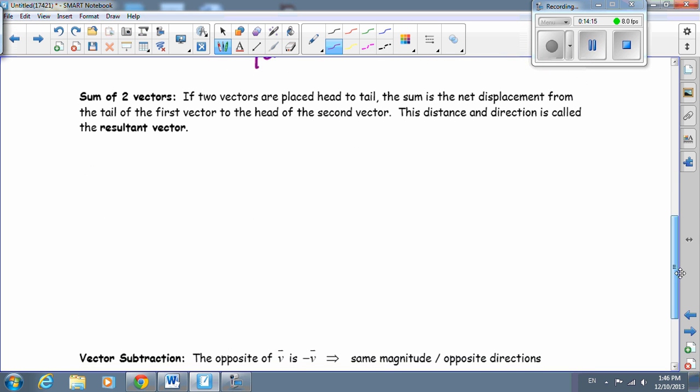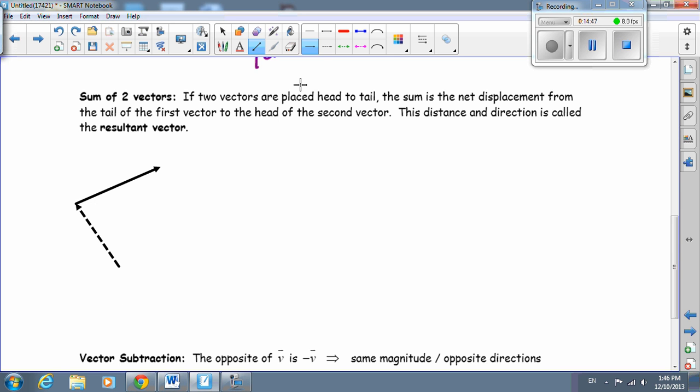Let's go ahead and move on. Sum of two vectors. If two vectors are placed head to tail, the sum is the net displacement from the tail of the first vector to the head of the second. What do we mean by that? Let's say I'm adding two vectors, one of them being this, and the second one being this. Note that the head of one is with the tail of the other.